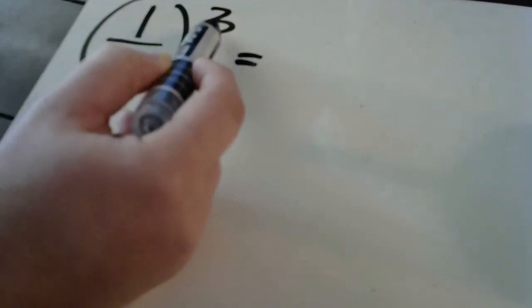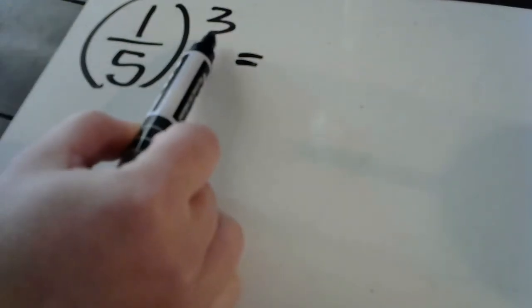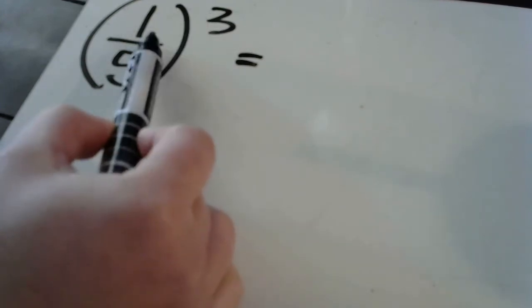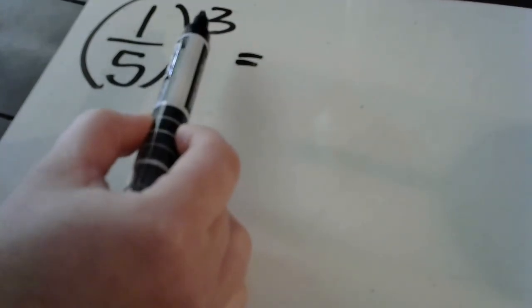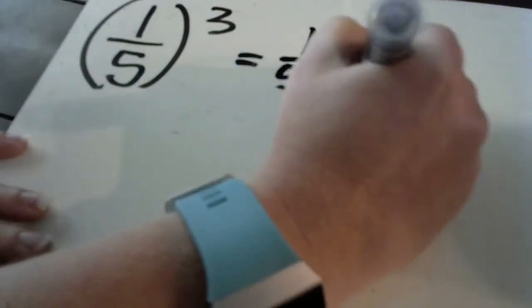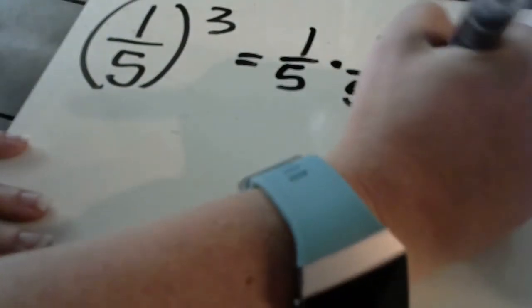But this little number has a lot of power. This little number tells this number, you're going to write yourself down this many times. So I'm going to write this down 3 times: 1/5 times 1/5 times 1/5.